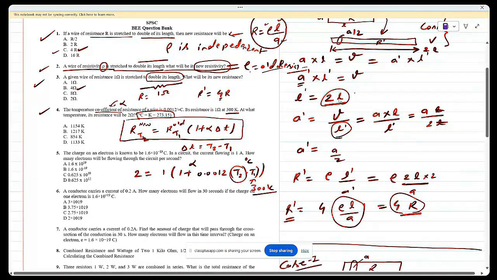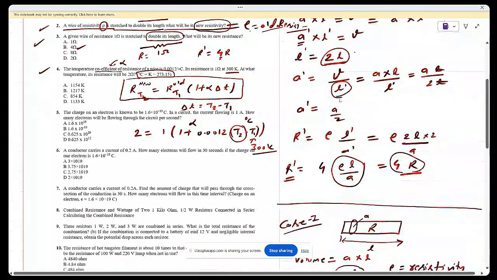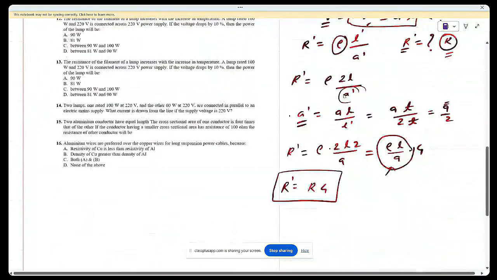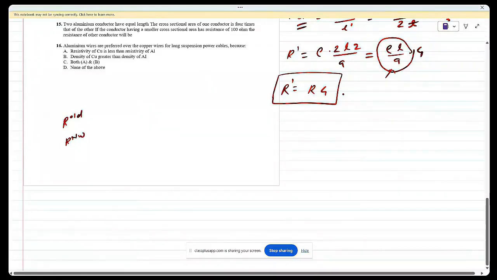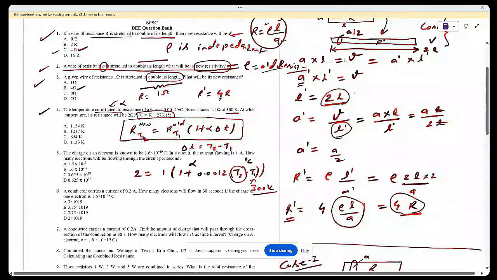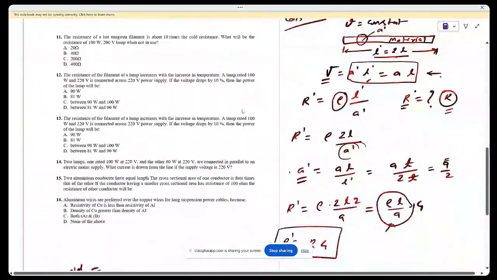So let me write this question here again. It is asking about the old resistance, new resistance, old temperature, new temperature, and alpha. These are the quantities. The old resistance is 1 ohm at 300 Kelvin.